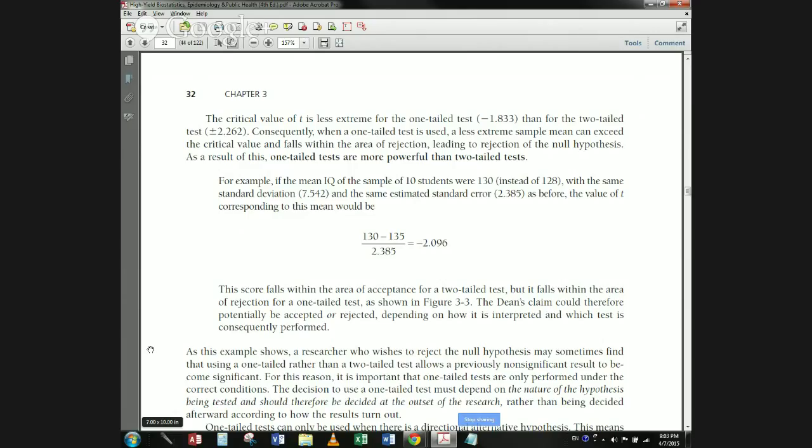As this example shows, a researcher who wishes to reject the null hypothesis may sometimes find that using a one-tailed rather than a two-tailed test allows a previously non-significant result to become significant. For this reason, it is important that one-tailed tests are only performed under the correct conditions. The decision to use a one-tailed test must depend on the nature of the hypothesis being tested and should therefore be decided at the outset of the research rather than being decided afterwards according to how the results turn out.